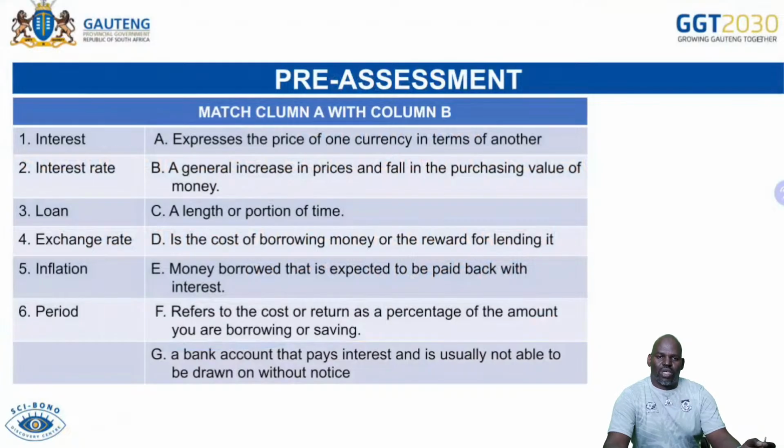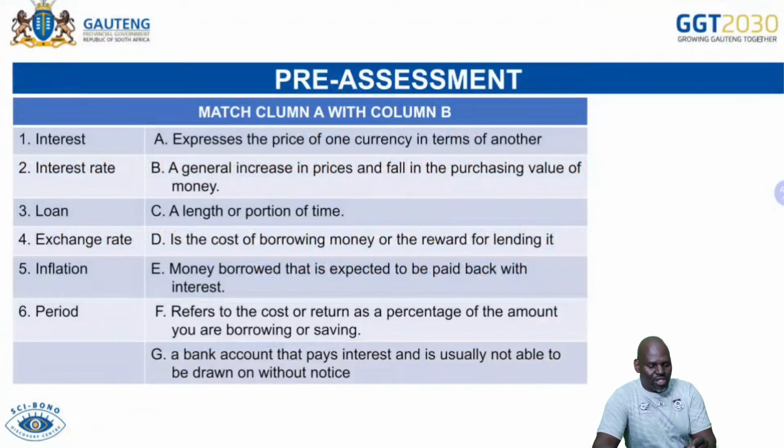In most question papers, you will have to match column A and B, so you need to know how to define terminologies. We are not saying you must memorize them. Even if you use your own words, as long as the explanation makes sense.